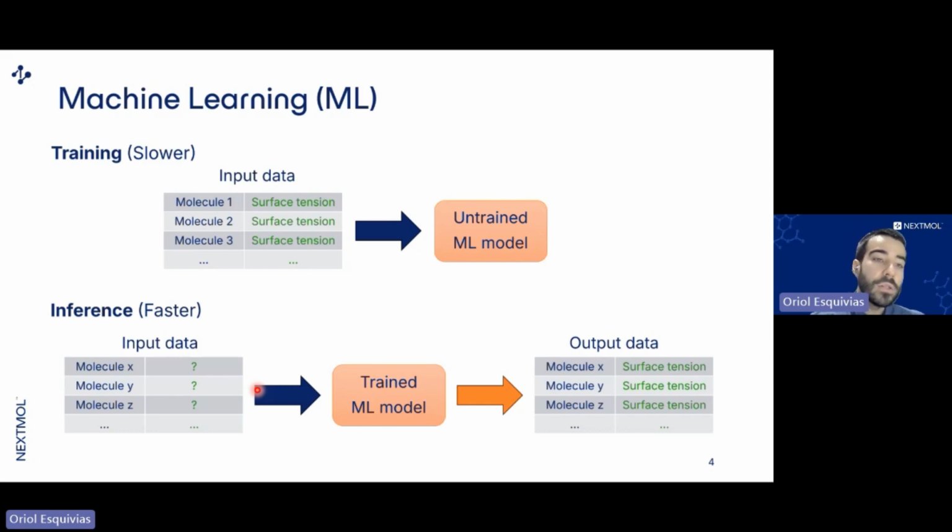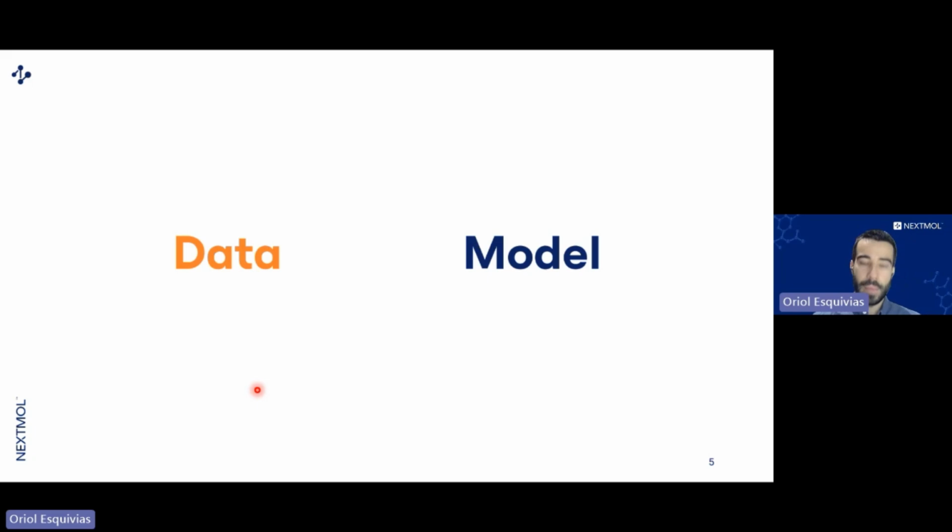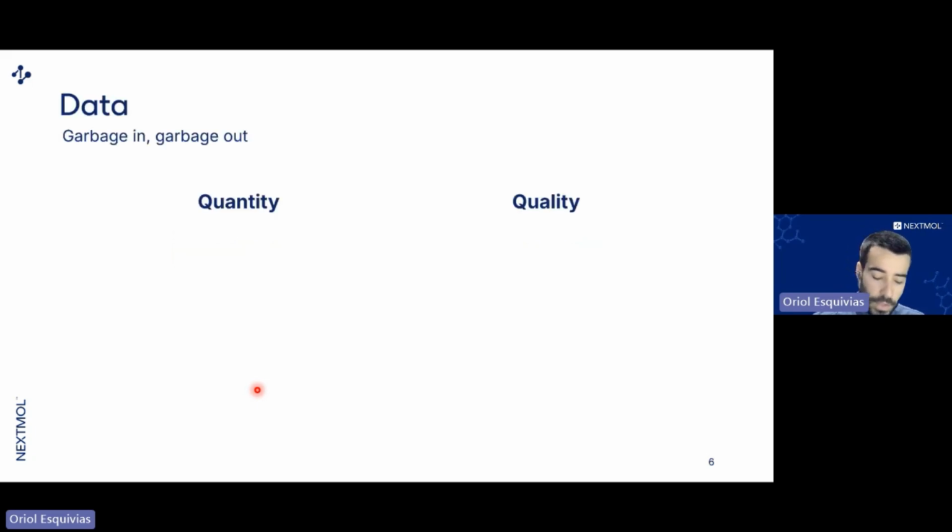To build a successful machine learning model, you need to understand two concepts. Basically, the data, the information, the results from the lab that you have, and the model, the algorithm, and how you will apply this algorithm. Going to data, you might have heard this sentence: garbage in, garbage out.